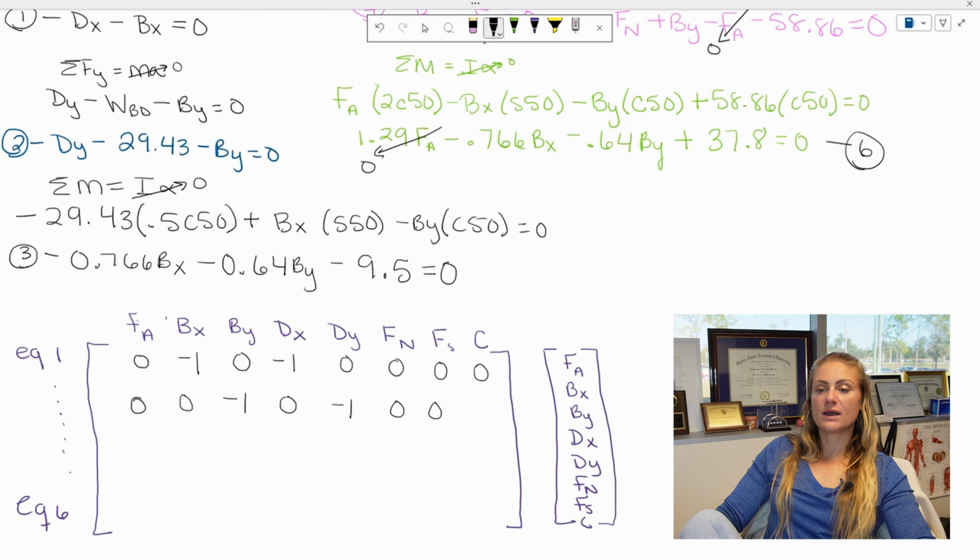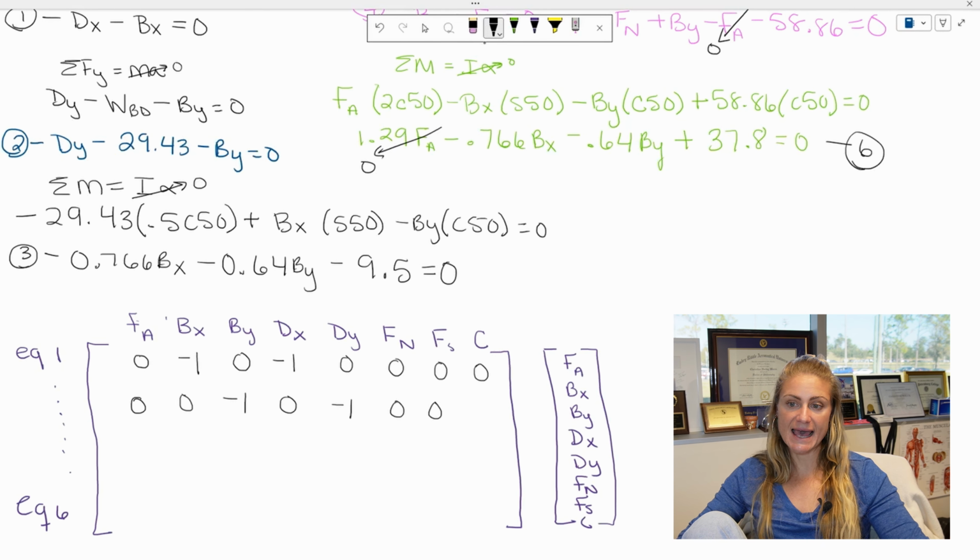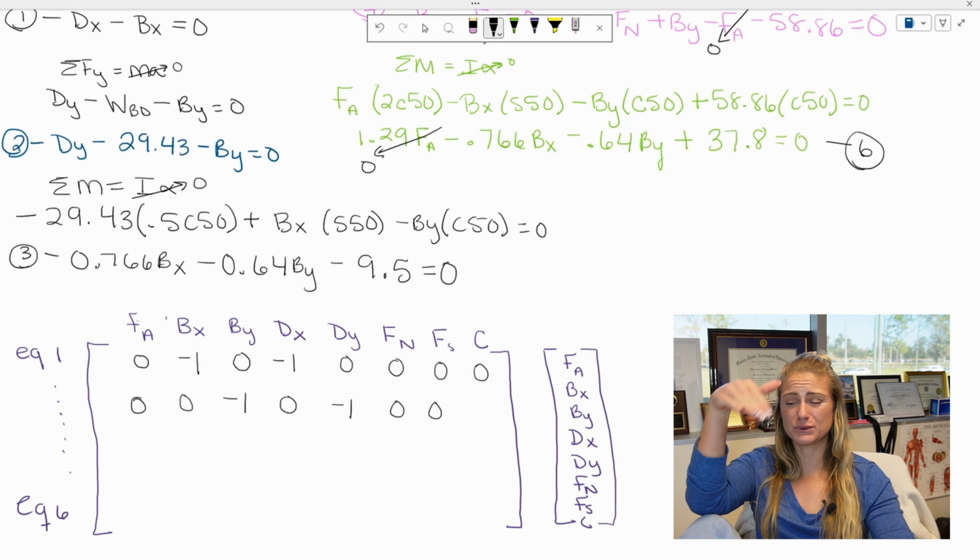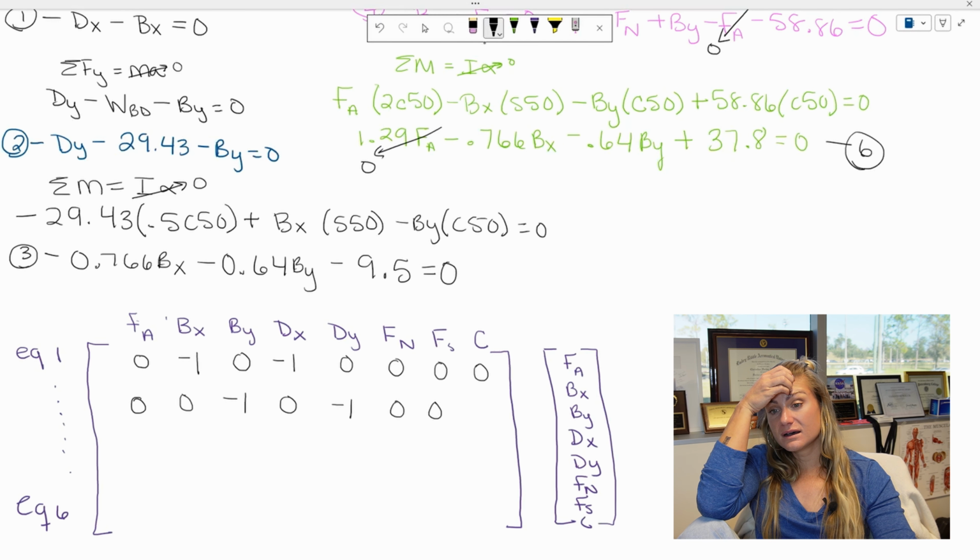Now, I want you to set the equation, so the way you put it into the matrix is that you don't want it to equal 0. I'm going to have it equal whatever my constant is.